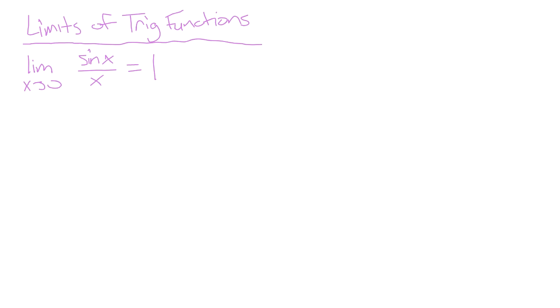And the next thing we need to look at is that the limit as x approaches 0 of cosine of x minus 1 over x is equal to 0. These two will help you do a lot of work with limits of trig functions. I believe there are technically other ones out there, but these are really the main ones that will be covered in this course.